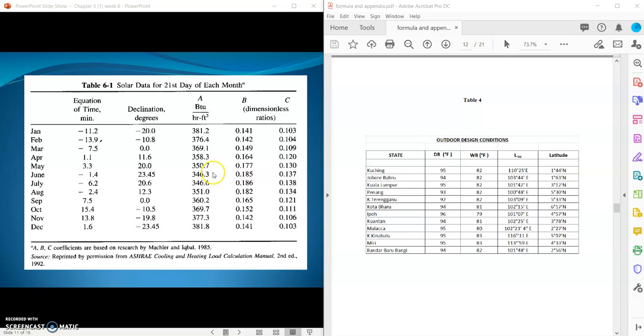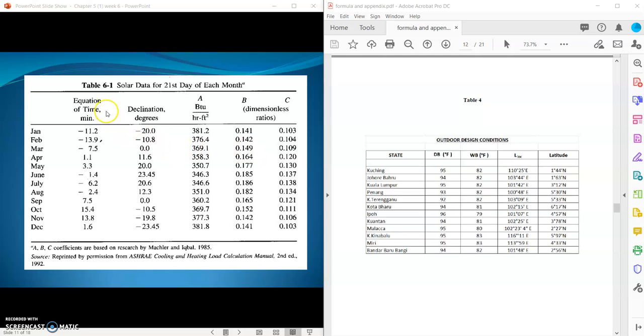This is the table that we are using, the table of solar data for the 21st day of each month. Don't worry, usually the question will refer to the date of the 21st, because this is all the data that we have from the ASHRAE table here.